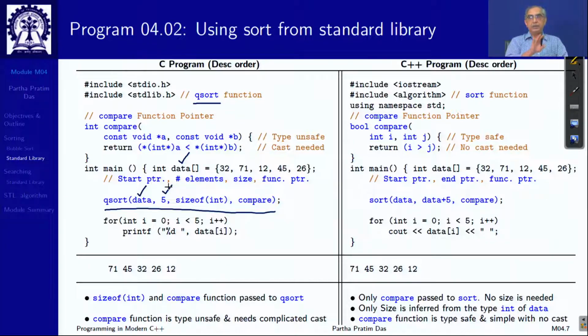So, quicksort now knows the array and the number of elements, but just think that when someone wrote this quicksort code, that programmer did not know whether you are sorting an array of integers, or an array of double, or an array of float, or an array of characters, or for that matter an array of some structures. The person had no idea, and still had to write the code for quicksort.